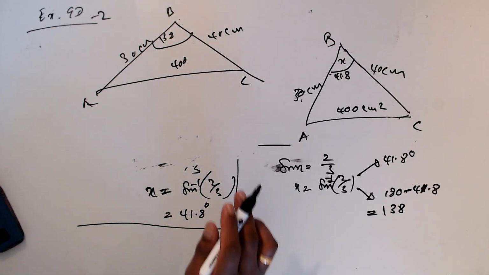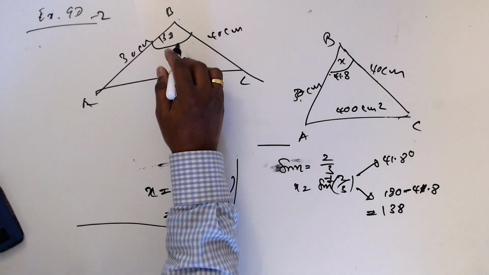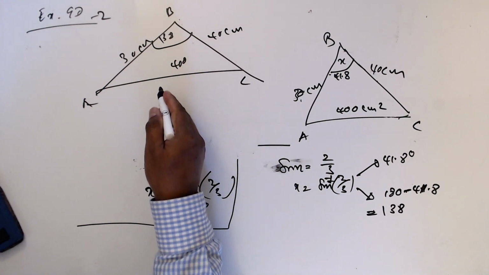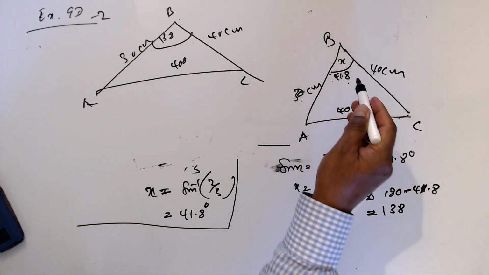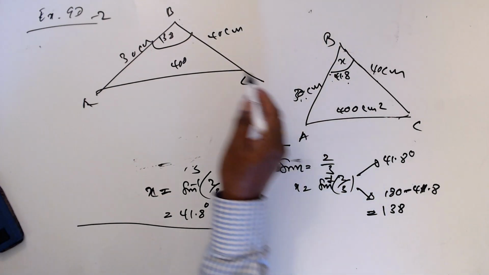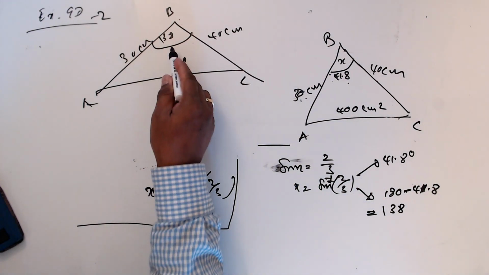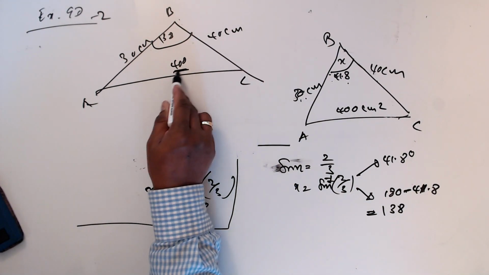So there are two x's. When the angle is 41.8, it will give the same area, and when the angle is 138, it will give the same 400.